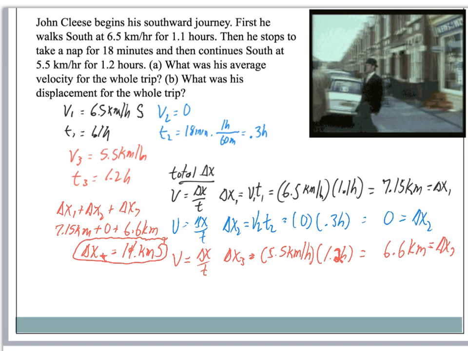So now we go back to A. And what did A ask us to find? It was what was the average velocity for the whole trip? Well, the average velocity is going to be the total displacement divided by the total change in time.